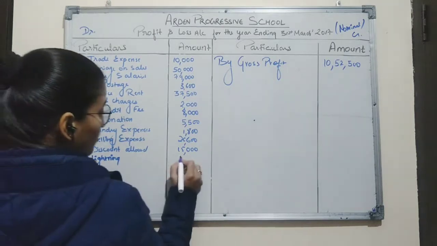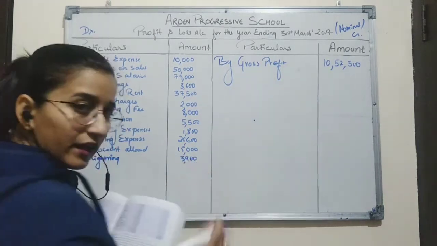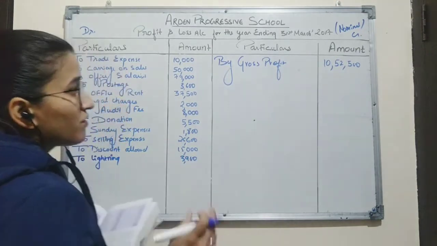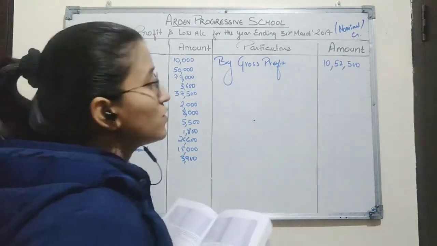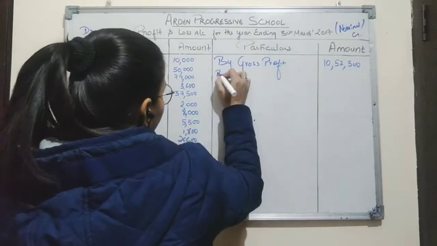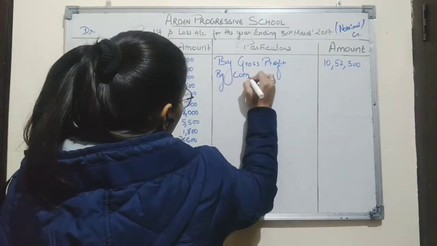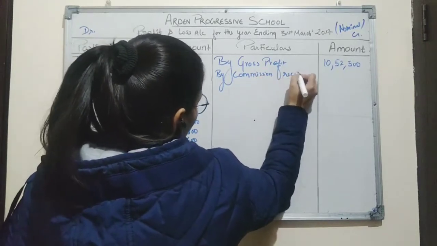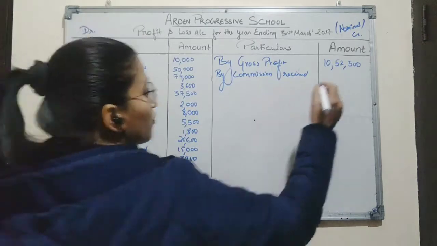Amount is 3,900. After that, commission received. Commission received is an income for the company, so it will be recorded on the credit side of P&L account as by commission received.